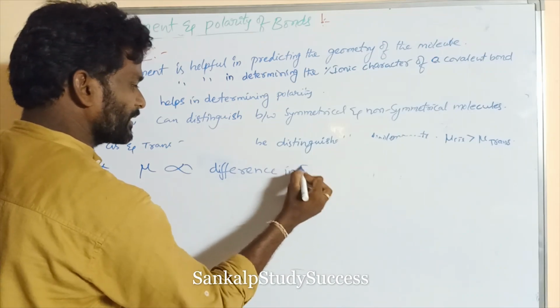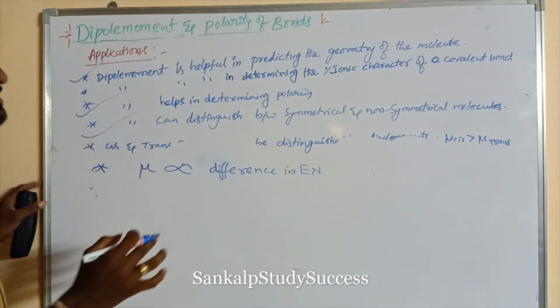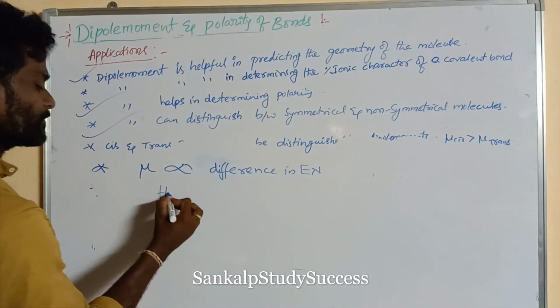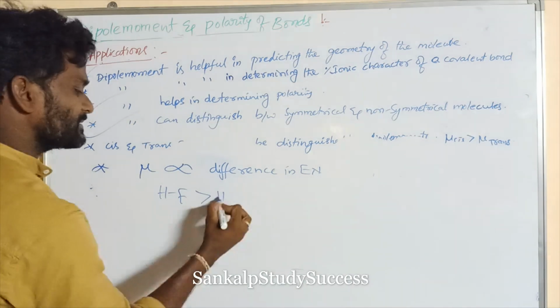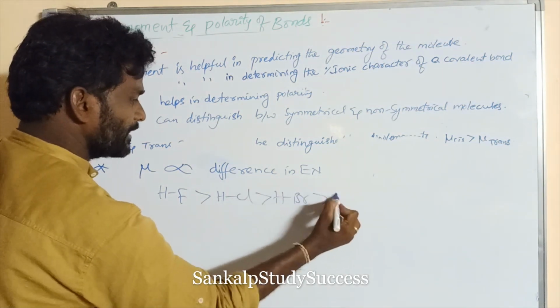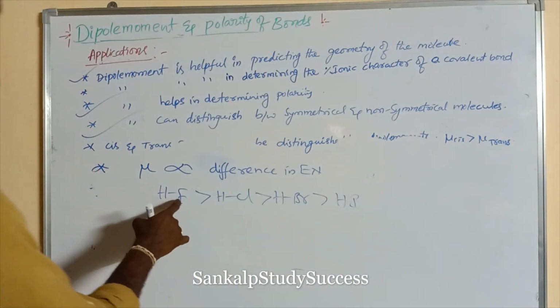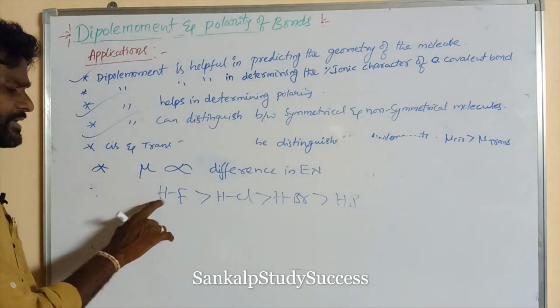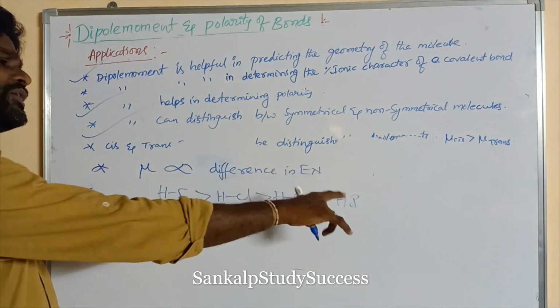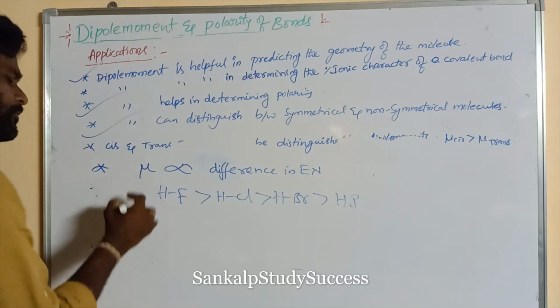If the difference in electronegativity is more, its mu value is more, its dipole moment is more. Suppose HF, HCl, HBr and HI. The difference in electronegativity of H and F is more when compared to HCl, HBr, HI, so HF has more dipole moment.